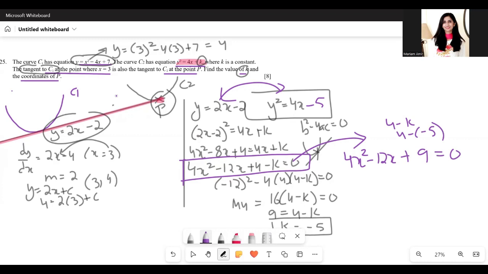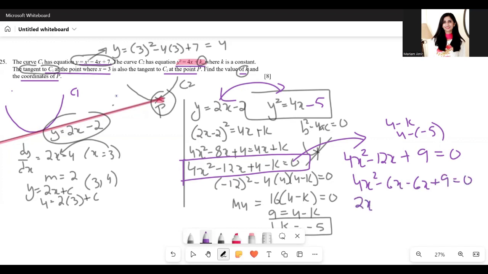So what would be the factors here? Let me just try to figure that out. Minus 6, minus 6. So the factors would be 4x squared minus 6x minus 6x plus 9. I did middle term breaking.